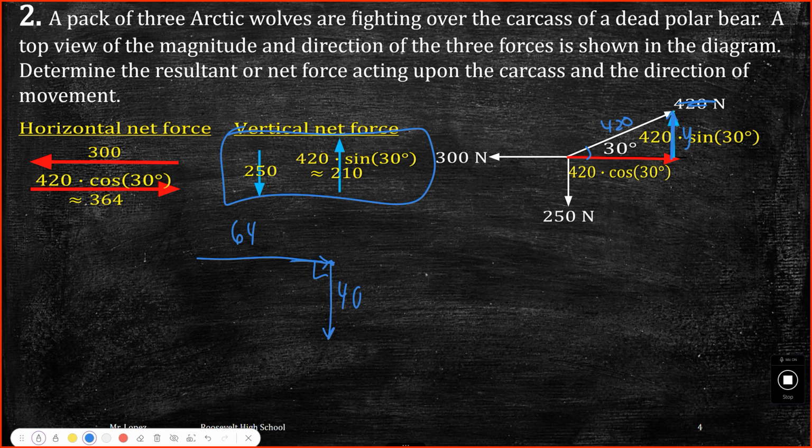So we go to the right 64, and then down, and then do a triangle. Going to the right is stronger and going down is stronger, and so this is the net vector here.